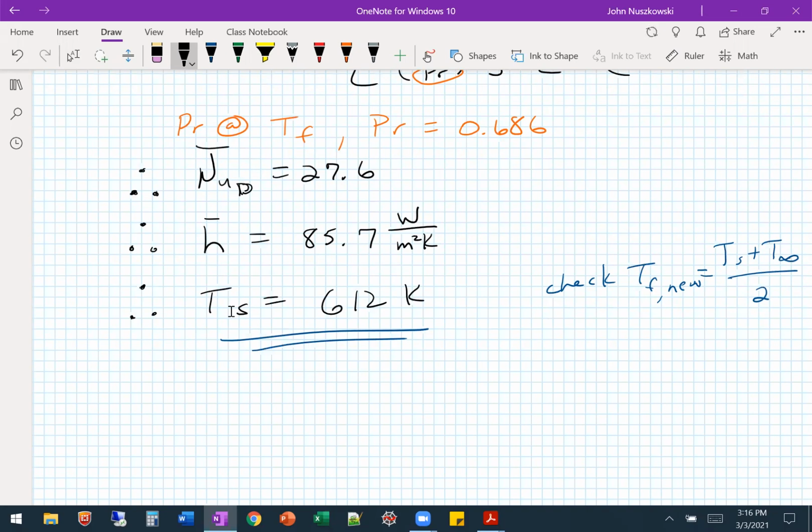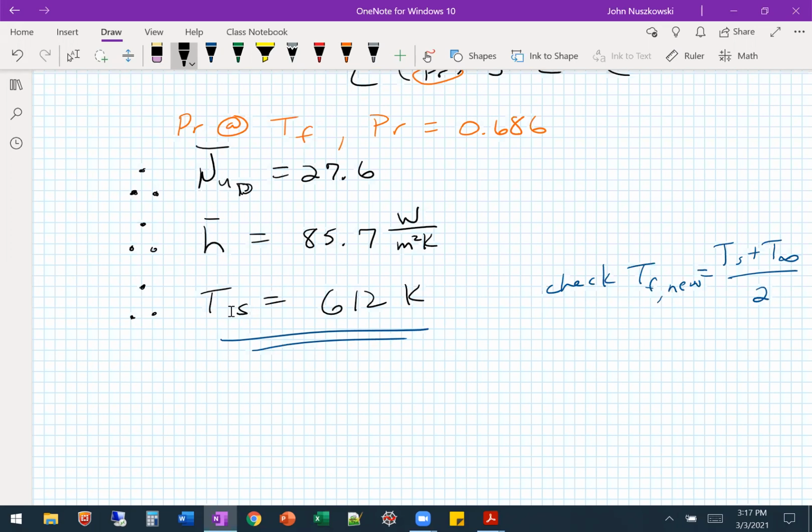Or on a test, just say something like iterate again, to check due to different property values or a bad guess on my film temperature. Questions? Say if we were to do that on a test, hypothetically, how would you grade that? Would that be sufficient, or would you want us to actually iterate again?